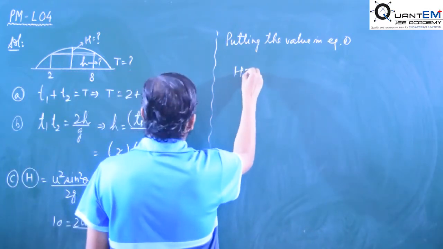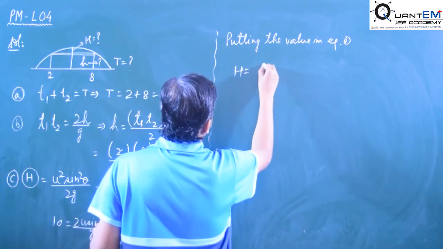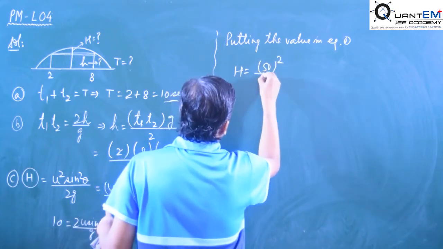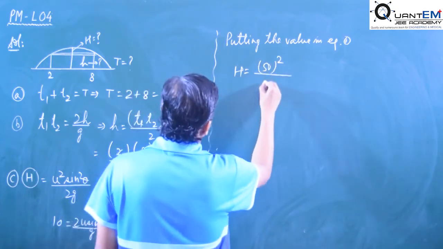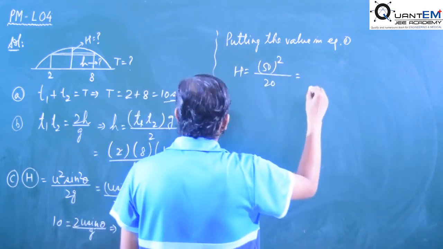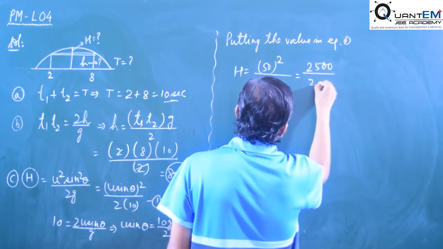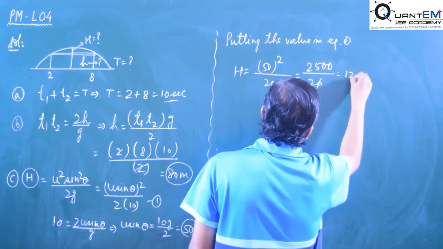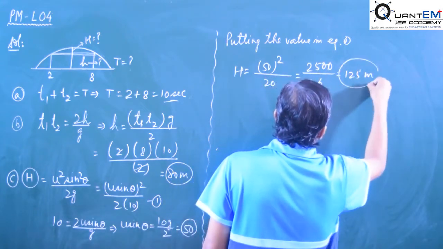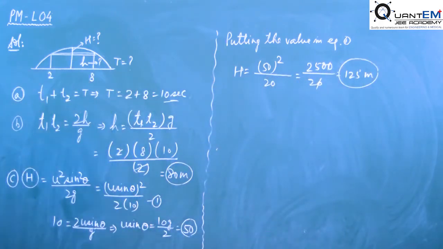So h we have 50 square divided by 20, that is 2500 by 20. The result we have is 125 meter.